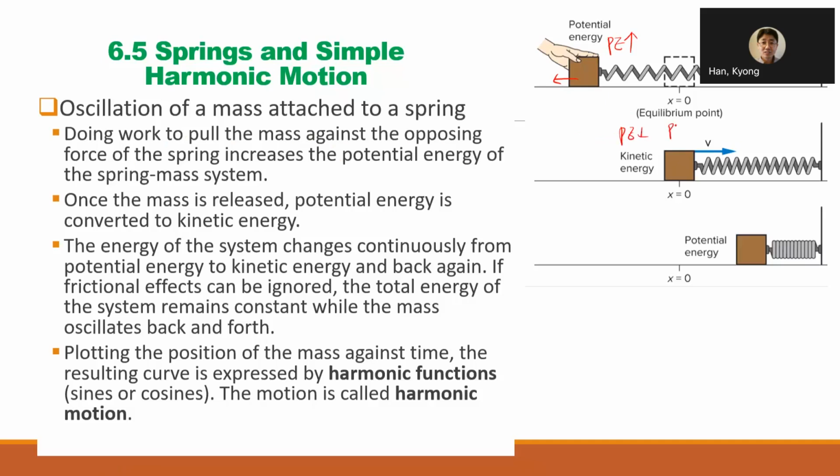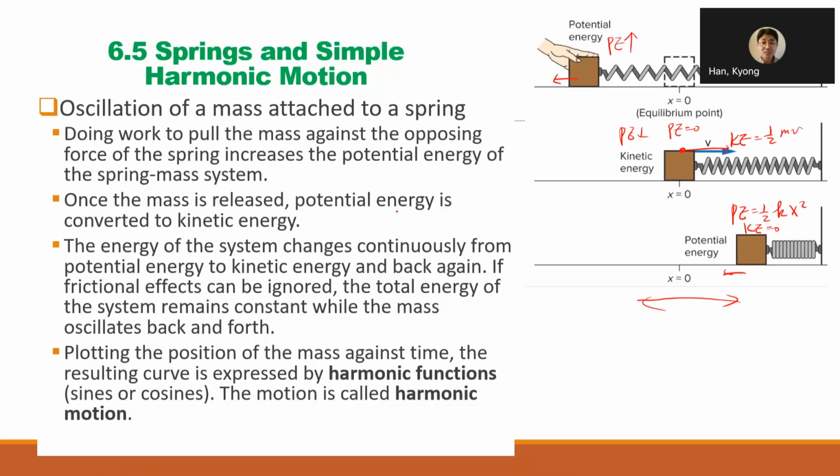Here the potential is exactly zero, but it gained some speed. This is kinetic energy, 1/2 mv squared. But it keeps going and compresses there. In this case, potential energy increases, 1/2 kx squared, but kinetic energy is zero. Then it bounces back, moving back and forth. This is called oscillation.